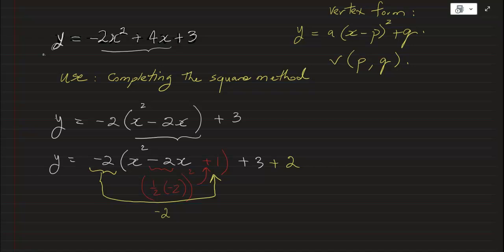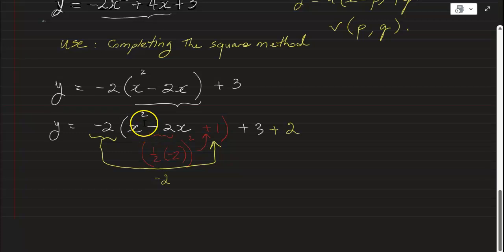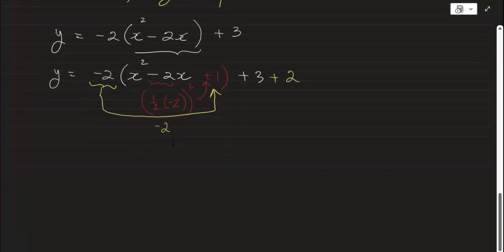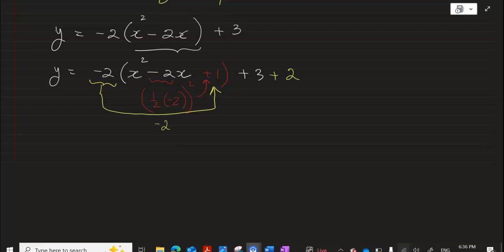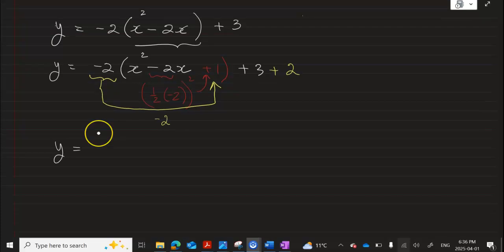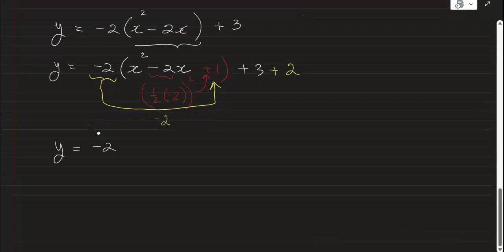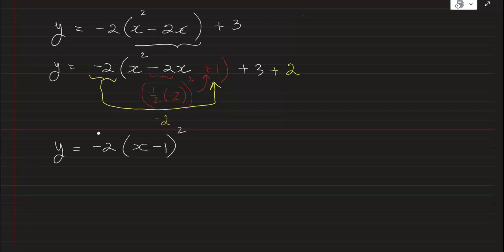All right, and if you look at the inside of this bracket now, x squared minus 2x plus 1, this is a perfect square trinomial. Okay, so let's rewrite that now. We're going to rewrite it as y equals minus 2, and then x squared minus 2x plus 1 is actually x minus 1 all squared. This is a binomial squared.